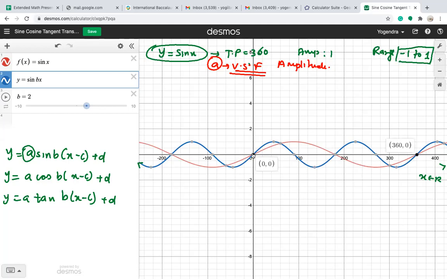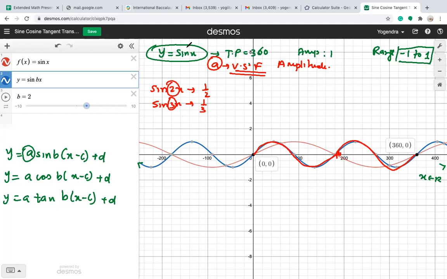Now the blue graph completes its time period in 180 degrees. So when you do sine of 2x, it reduces the time period by half. If it is sine 3x, it will reduce the time period by 1/3, because it's a horizontal stretch by a factor of 1/3. Also, b is actually the frequency, because in the same 360 degrees you now have 2 cycles of the sine 2x graph.